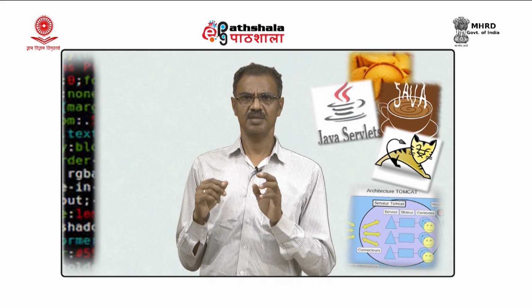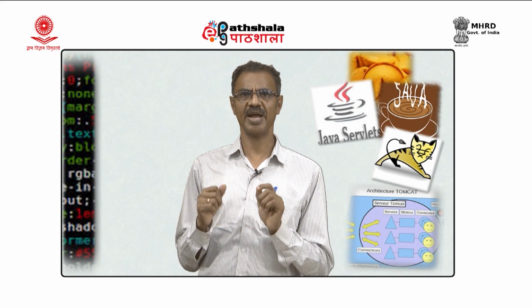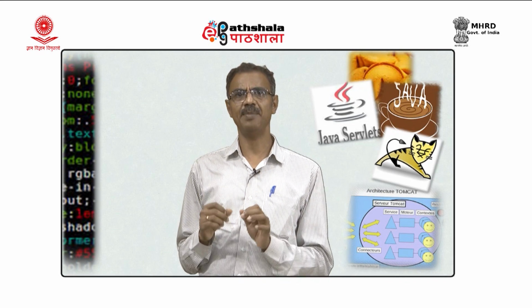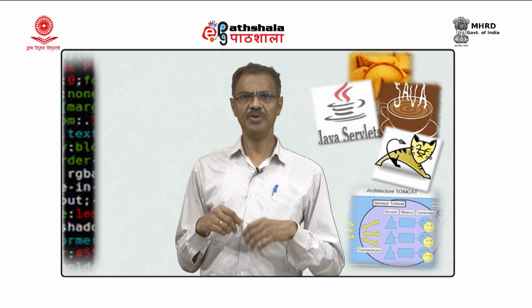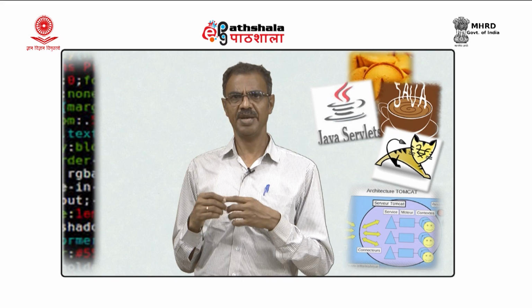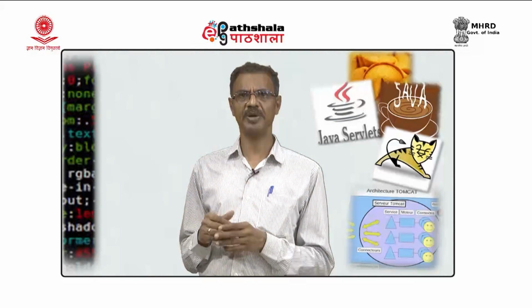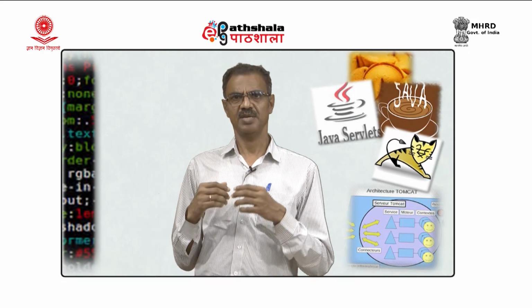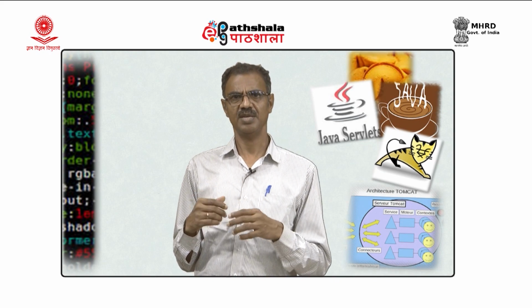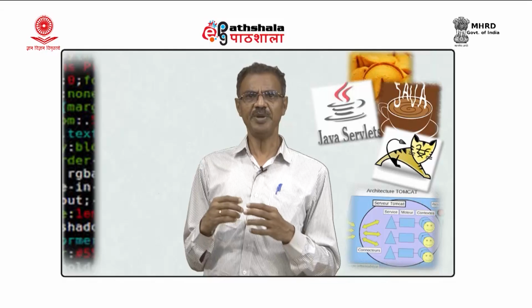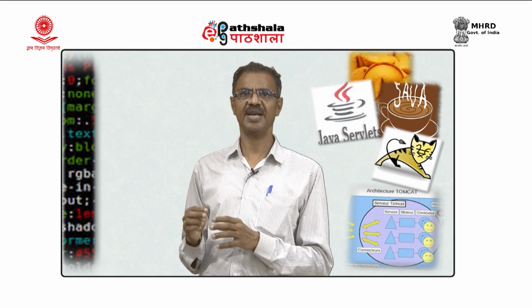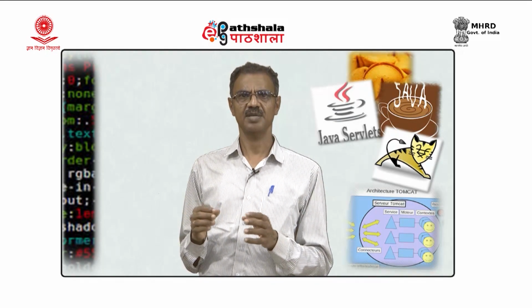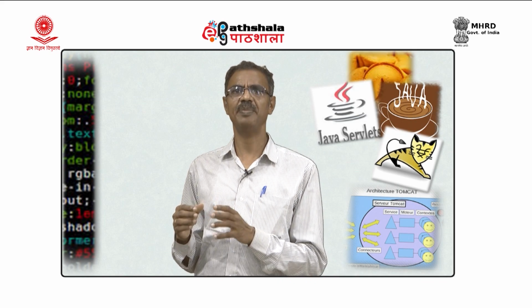Fine. This should enable us to write some good applets. What we would also need is GUI components, which is something we have assumed here. We should know AWT event handling, all these things should work in the applet here.